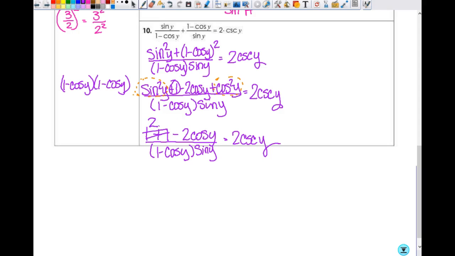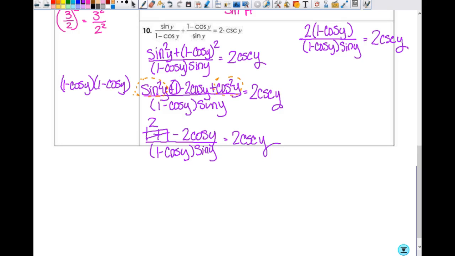So I have 2 minus 2 cosine y. I still have 2 terms in the numerator. What can I do in the numerator? I got 2 minus 2 cosine y. I can factor out the 2. I got a GCF, right? 2 terms, they both have a 2 in it. So I'm going to factor out the 2. That leaves me with (1 minus cosine y) over (1 minus cosine y) times sine y equals 2 cosecant y.